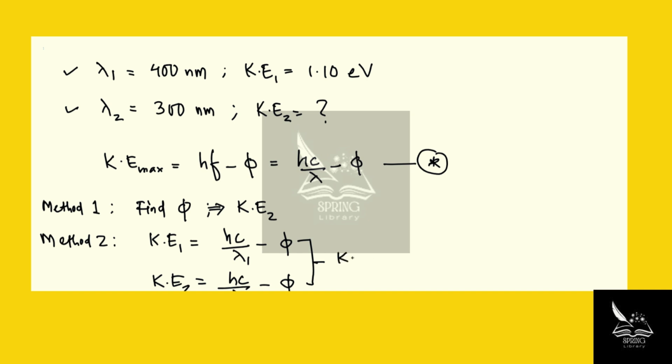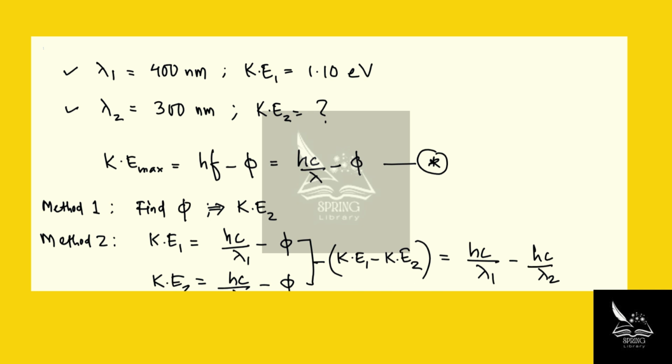So we are going to subtract the corresponding sides of the equations. So Ke1 minus Ke2 is going to be equal to hc over lambda 1 minus hc over lambda 2. And since phi is the same in both equations, that just cancels out when we subtract these two equations.